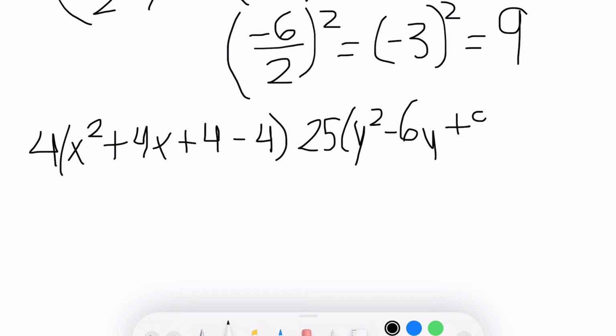And again with the same 25 parentheses, y squared minus 6y plus 9 minus 9 equals negative 141, in order to keep the same format, because we want to solve for the standard form and then later graph it.